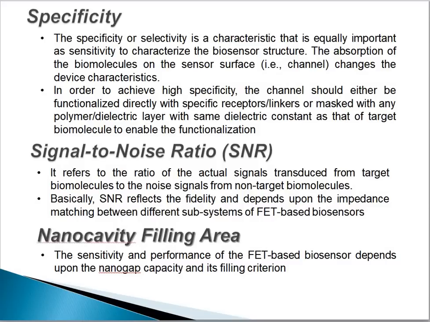The next important factor is specificity. The specificity or selectivity is a characteristic that is equally important as sensitivity to characterize the biosensor structure. The absorption of the biomolecule on the sensor surface changes the device characteristics.